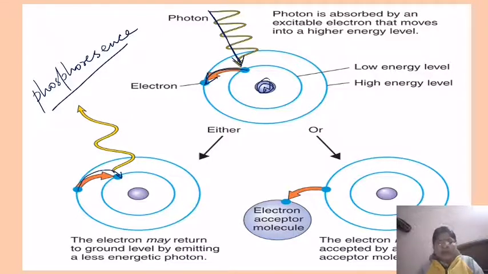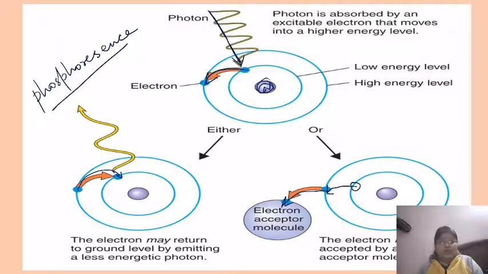Now in this case, what is happening? That electron is being excited from its ground state, and then it is being knocked out. When you are supplying energy, it is getting knocked out from that entire atom, and this is what is happening in your photosynthesis.